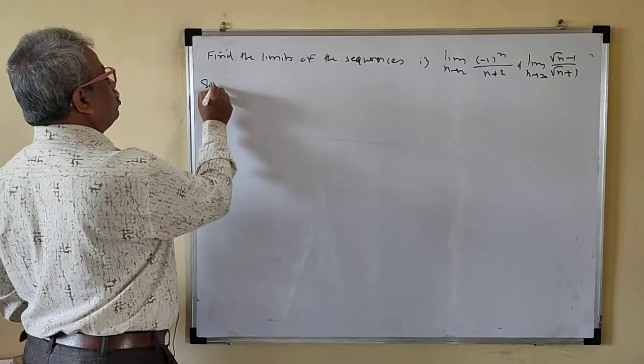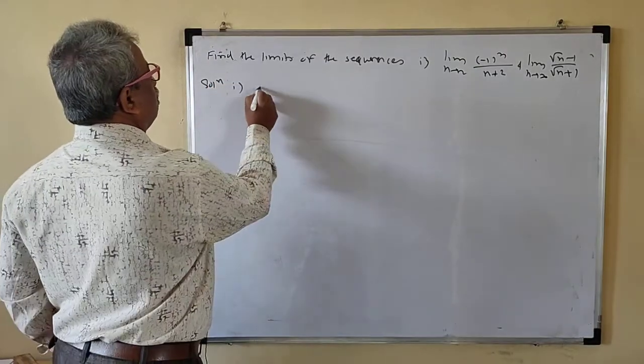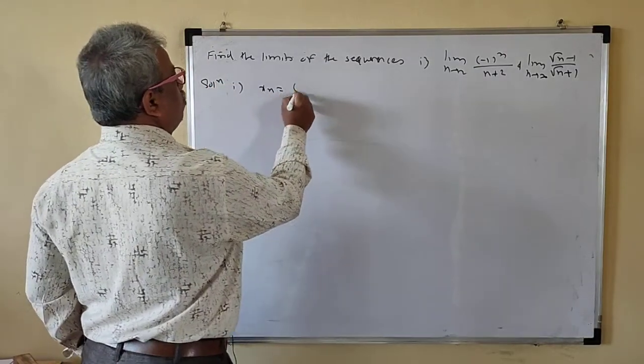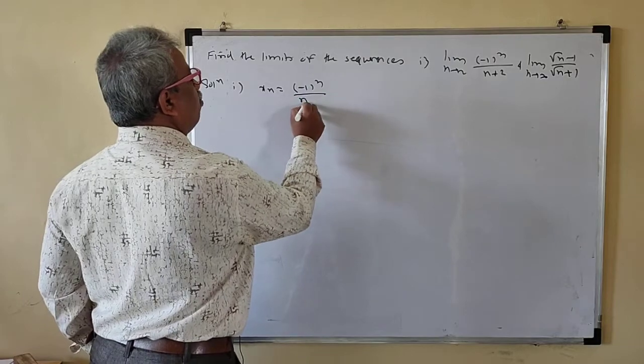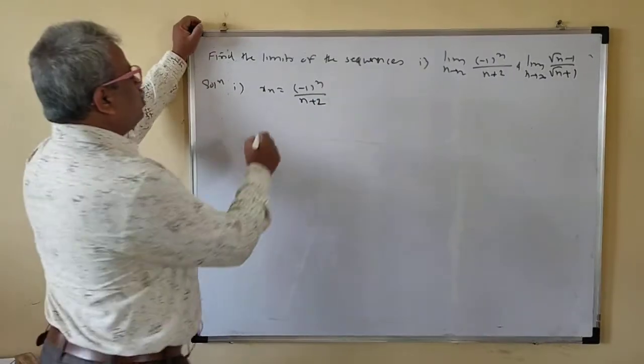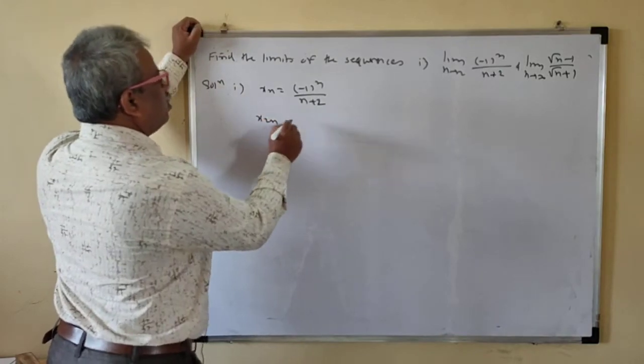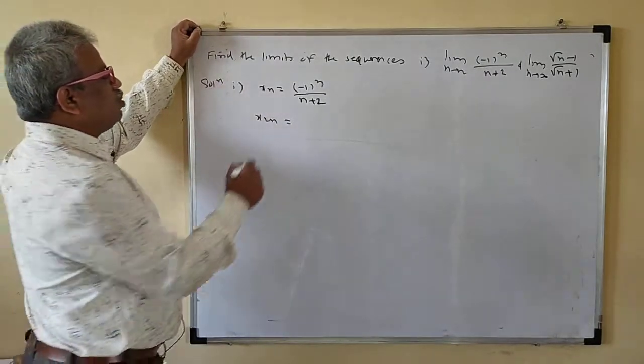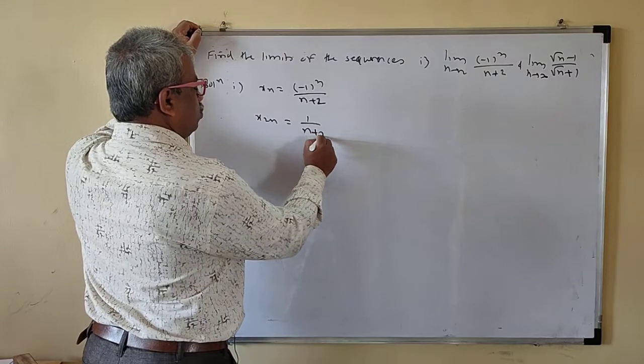Okay, solution for the first one: xn is equal to minus 1 raised to n upon n plus 2. So take x of twice n, the even terms. This is 1 upon n plus 2.